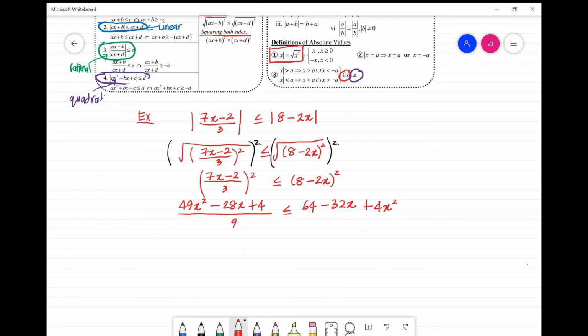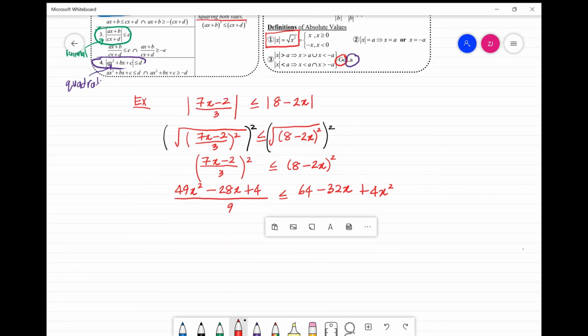Then we bring the 9 to the right, and then we simplify, so we will get x squared plus 20x minus 44 less than or equal to 0. So we are going to get this quadratic inequality.